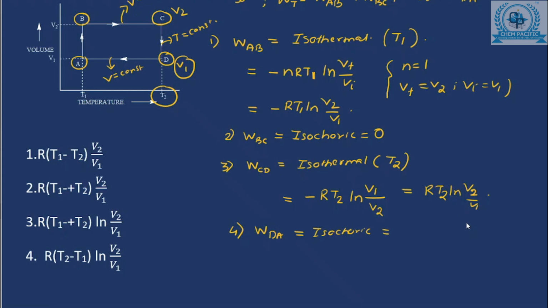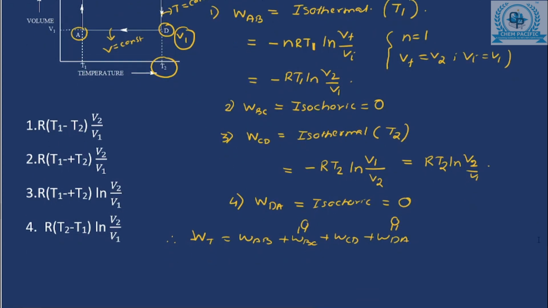Isochoric process में dV 0 हो जाए तो minus PdV मतलब ये work done 0. Therefore total work done जो आपने calculate किया है which is equal to work done AB plus work done BC plus work done CD plus work done DA, जहाँ पे आपको work done DA 0 हुआ है और work done आपका BC 0 हो गया.